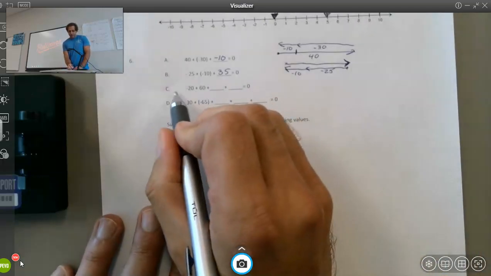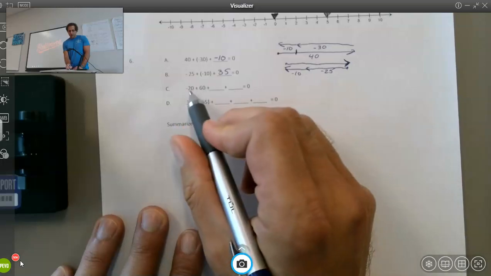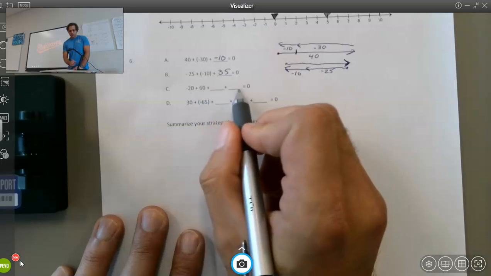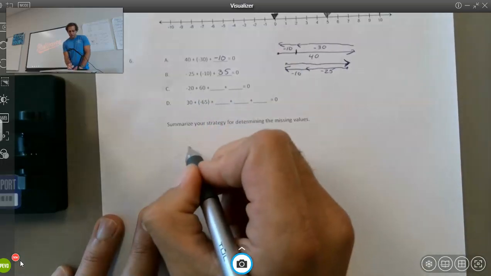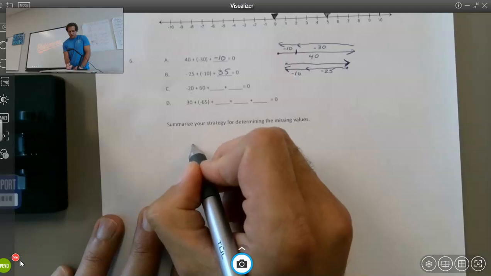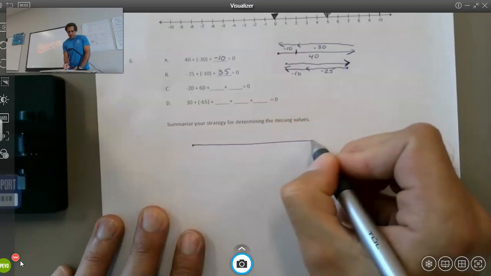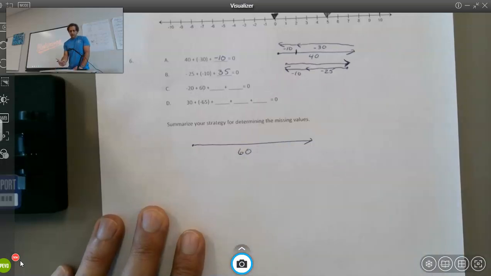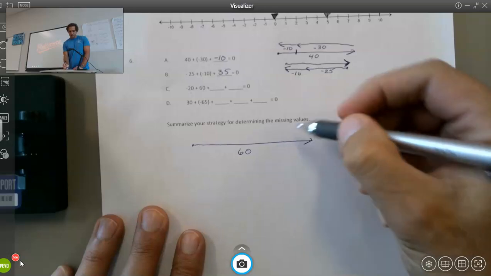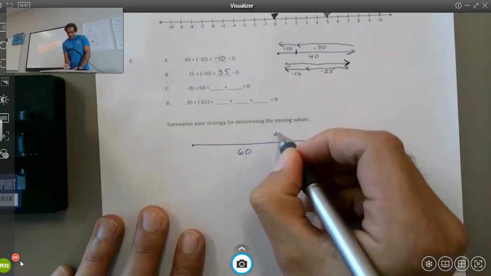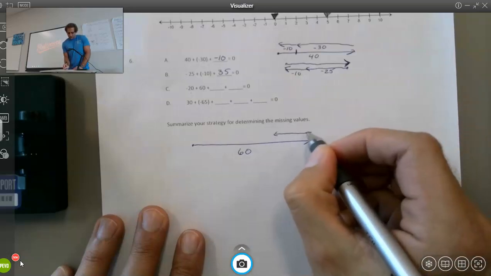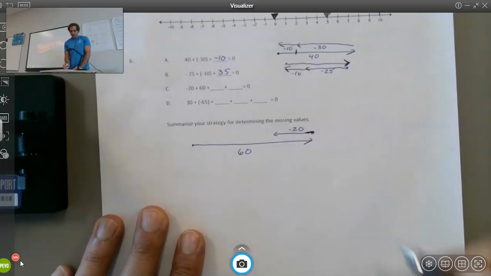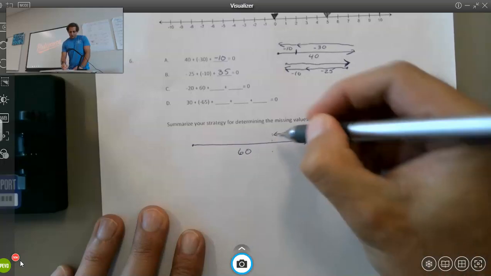I see I need 4 vectors here, -20, 60, and 2 other vectors. So let's just start with a vector of 60. If this has a value of 60, and then I can even just kind of break this up into 3 pieces. If I know that I'm going to have a vector of -20, I have how much left?